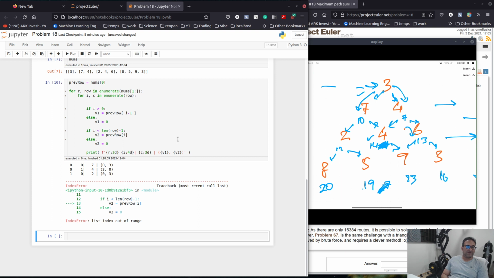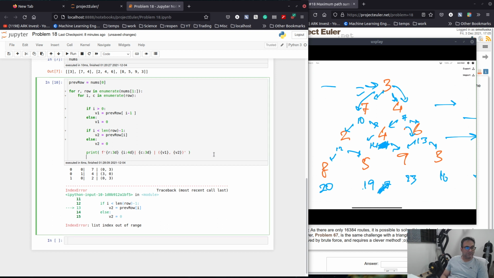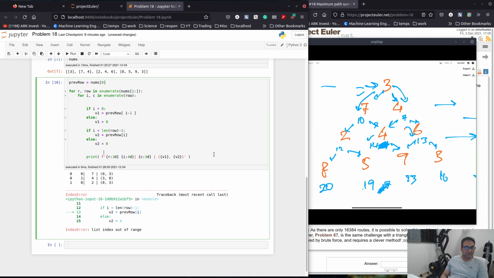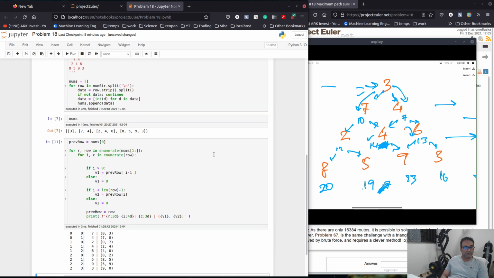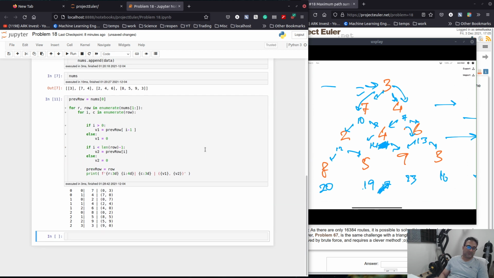So for 7 it's 0, 3 and 3, 0. Oh, I have to update previous row. Previous row equals row. That's that.